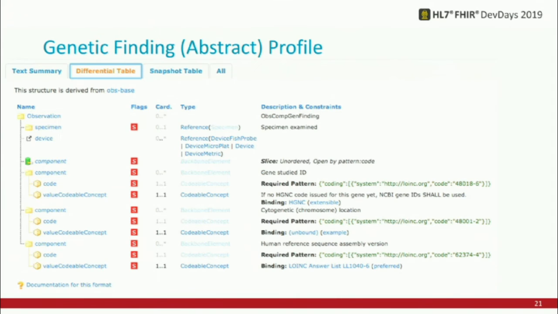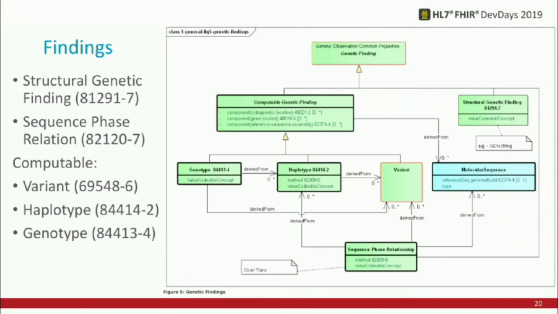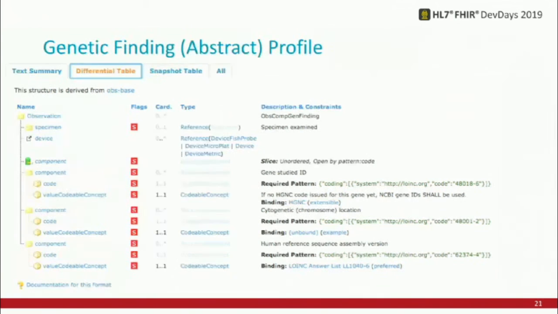So just zooming in there a little bit, this is the computable genetic finding, which again is not a real profile. It is a real profile, but it's not an implementable profile. It talks about these 3 components must be supported on these different profiles that are inheriting this structure from it. These all have these common properties.